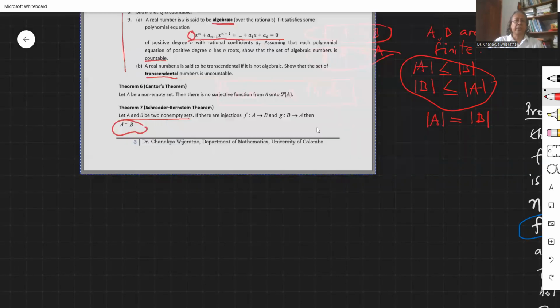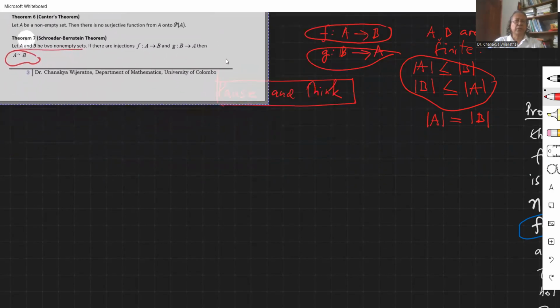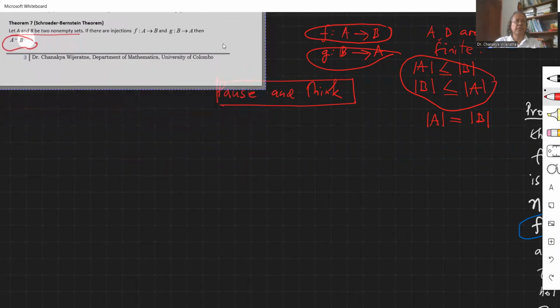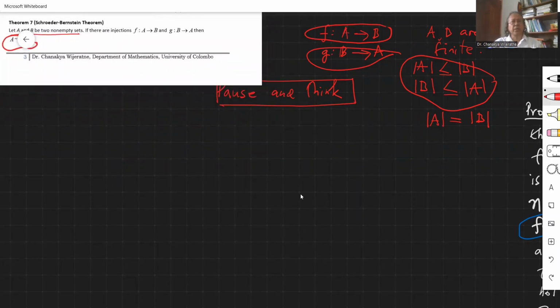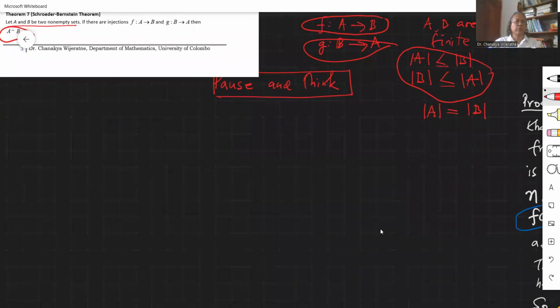So it could be the case here that the idea of ancestors that I'm going to use to prove this theorem may not be the idea of Schröder and Bernstein. But since they came up with the original proof, we call this theorem the Schröder-Bernstein theorem.